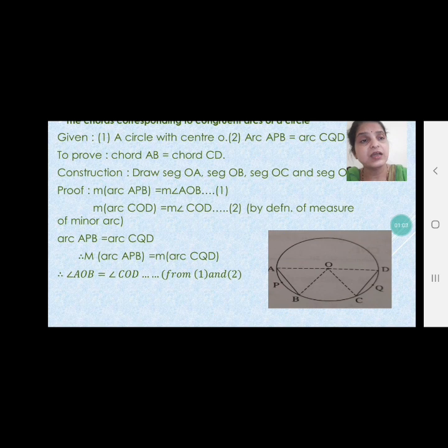But measure arc APB is equal to measure arc CQD. So angle AOB will be equal to angle COD from 1 and 2.